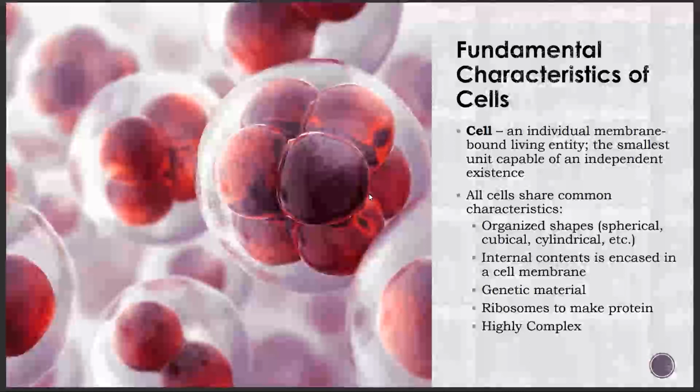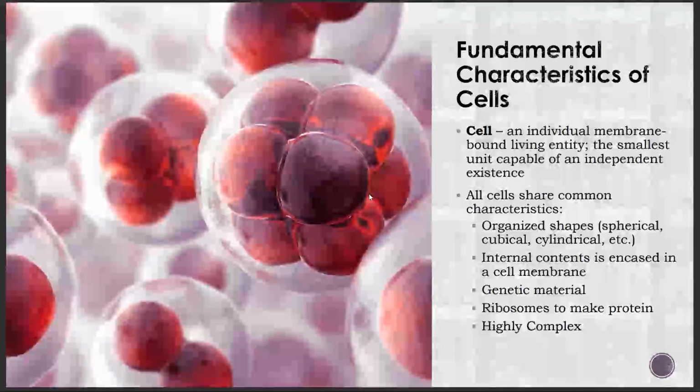And the cell is known as the smallest unit capable of independent existence. So we can put multiple cells together and they'll still exist. But if we take the cell apart, it's still neat. We can have enzymes that react, but they're not going to do their own thing, reproduce on their own, or respond with metabolism. They don't have that functionality on their own.